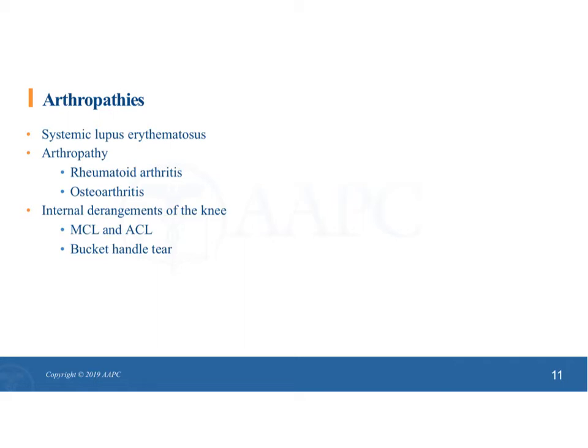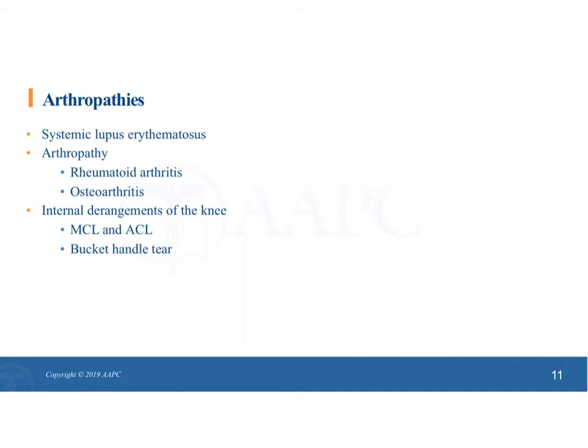Supporting structures of joints can become injured, traumatized, and torn. Common knee injuries include MCL, which is medial collateral ligament, or ACL, which is anterior cruciate ligament.